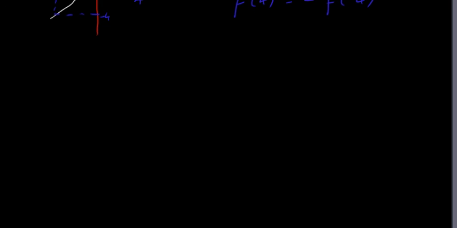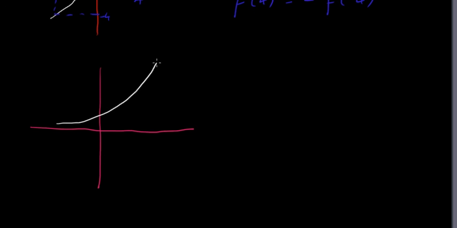Okay, so that's really your definition of even, odd, and neither even nor odd. Another one that wouldn't be either even or odd would be this one here. Again, if I just draw an x and y axis, and let's say we have a function that looks something like this. This would be y is equal to, say, e to the power of x, this exponential function. It's fairly obvious by looking at it, but if you take 2, put it in here, you get this value up here, e to the power of 2.